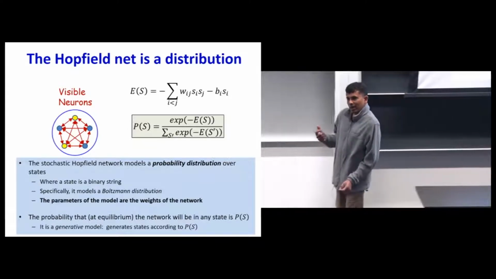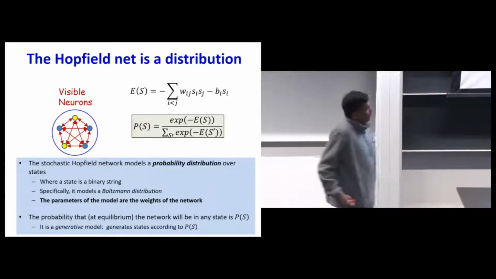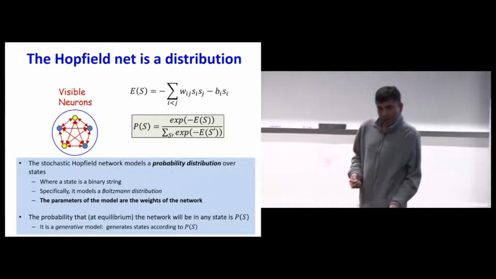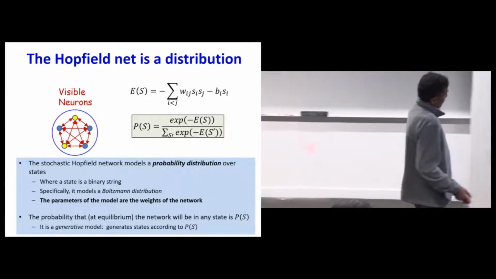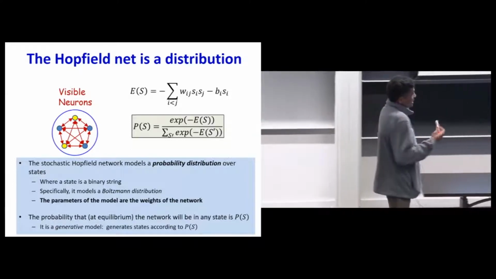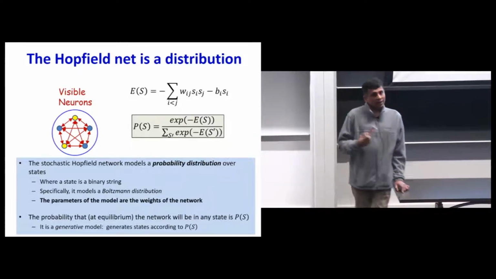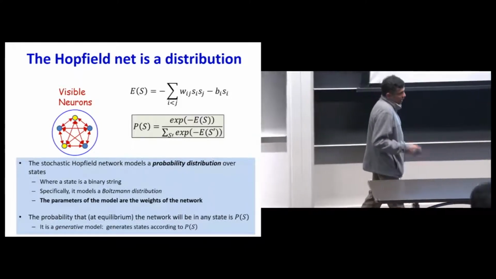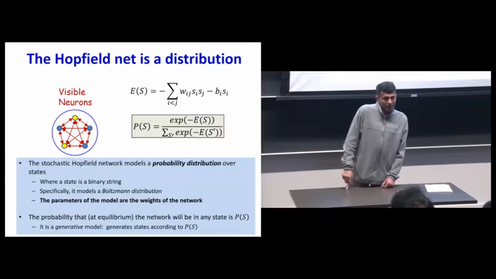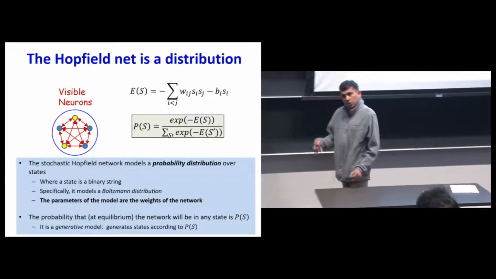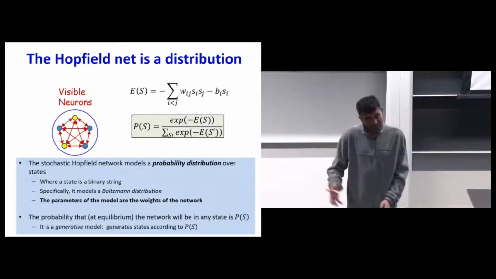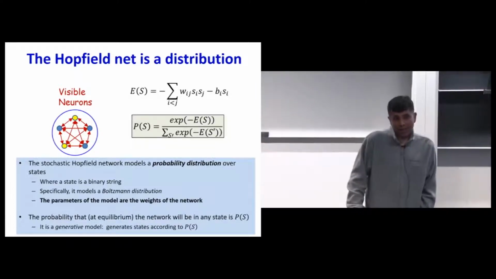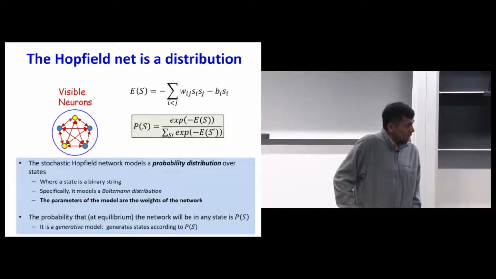For any configuration, you can define an energy, E of S. This is basically the energy of the Hopfield network, except now we say that the probability of finding the system in any configuration S is proportional to e raised to minus the energy of S, which is the same as saying that minimizing the energy is the same as maximizing the log probability of the state.